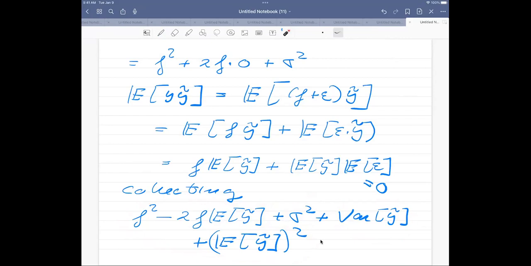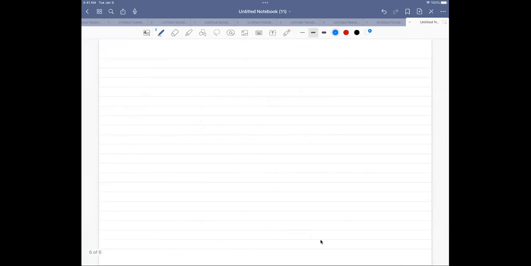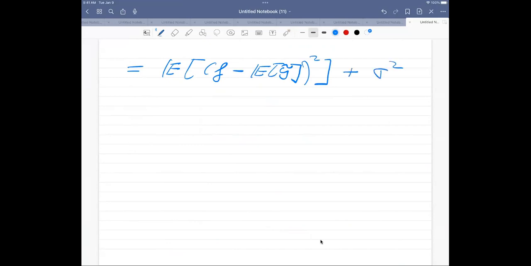So if I collect everything, I can rewrite this in terms of the following expectation values. So this becomes equal to the expectation value of this f minus the expectation value of the model here, so this is y tilde, squared, plus this sigma squared, which we don't have any idea what it might be.